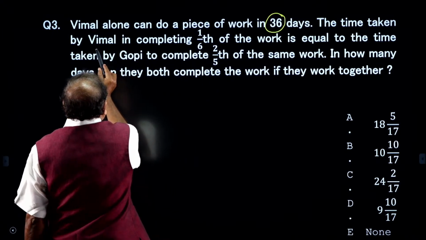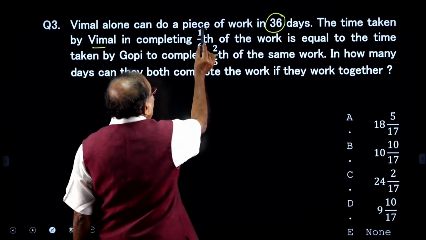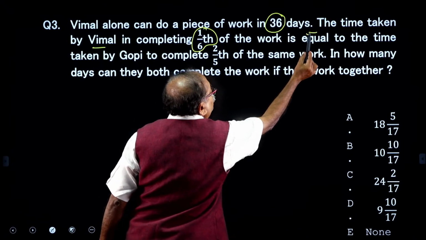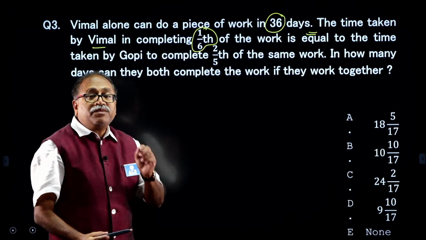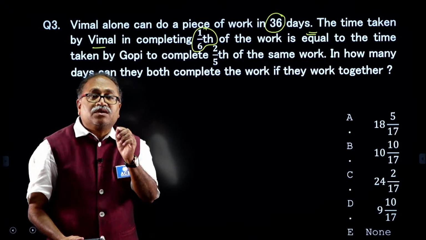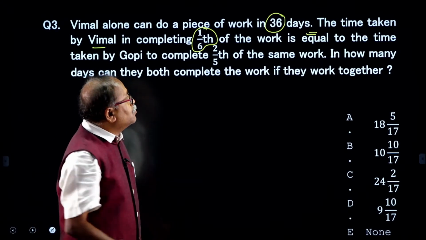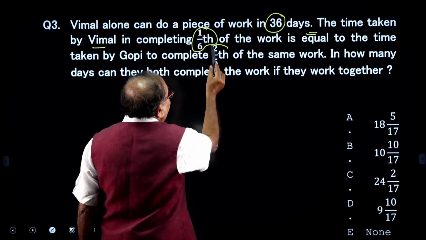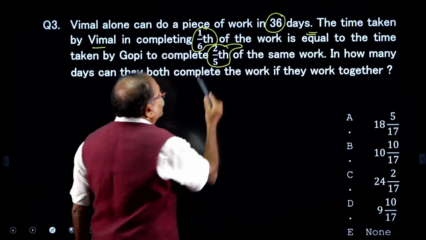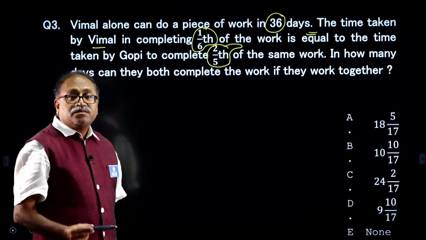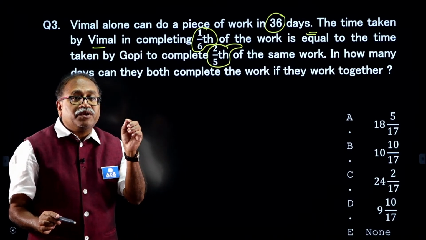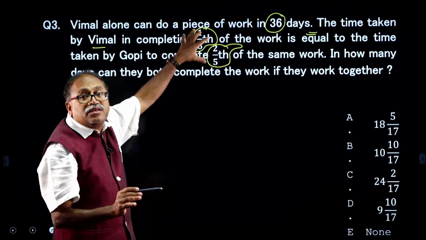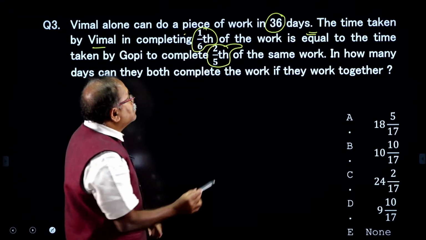The time taken by Vimal to complete 1/6 of the work is equal to the time taken by Gopi to complete 5/6 of the work. If you can understand this statement, if you can open it up, then the whole solution is lying only in this part. Okay, let us come to the next one.